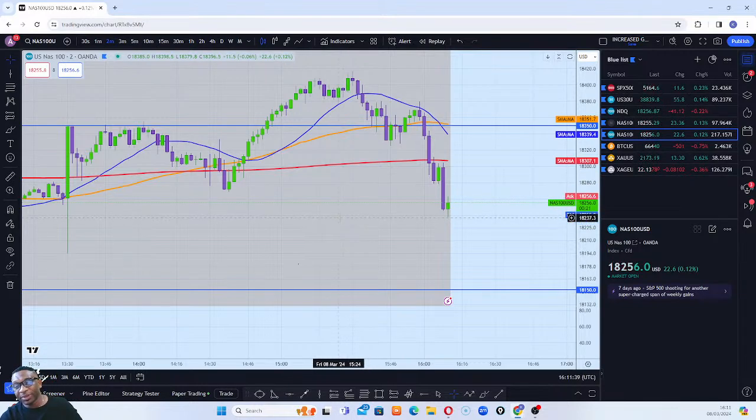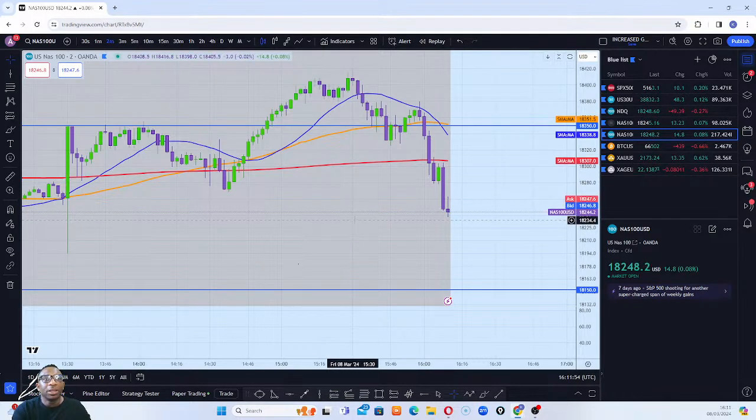There's no point hesitating, rethinking about it, or suggesting any other thing, because you've seen what you are looking for. So once you've seen what you're looking for, you can just hop onto it, put in your stop loss, and then leave the rest to play.